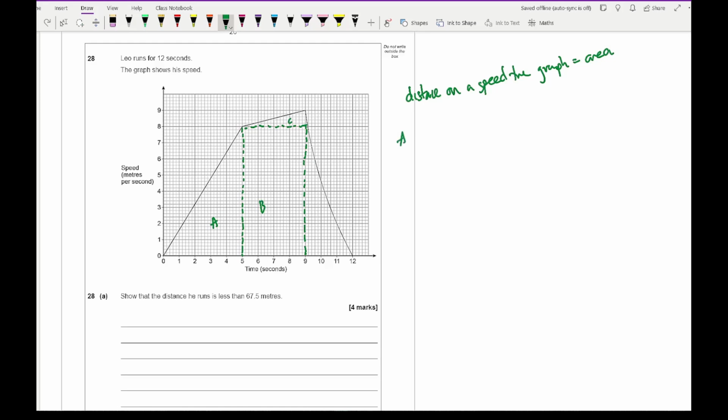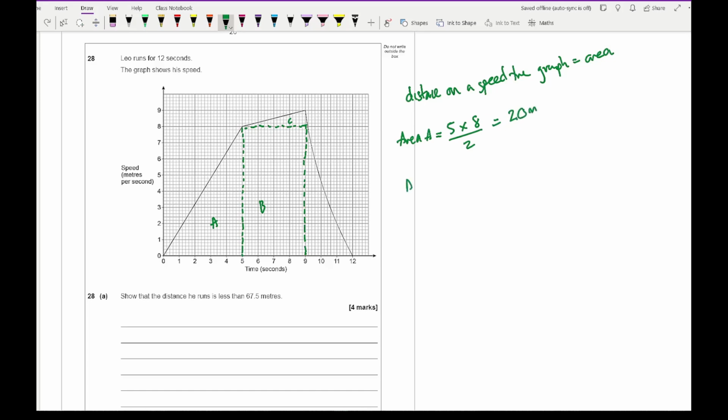Now the area of A is a triangle, so that's going to be the base, which is 5, times the height, which is 8, divided by 2, which gives me an area of 20 meters.